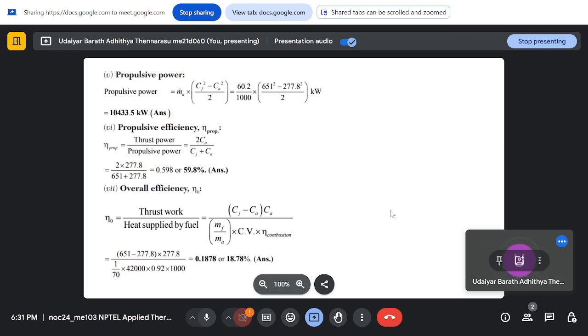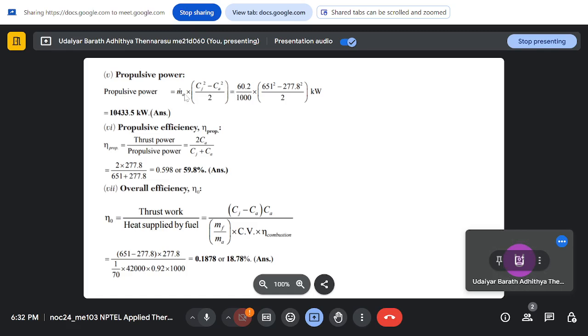So next is the propulsive power. Propulsive power is, again, what we found out: the change in kinetic energy of air. So mass of air into the exit stream velocity square by 2 minus inlet stream velocity square by 2.